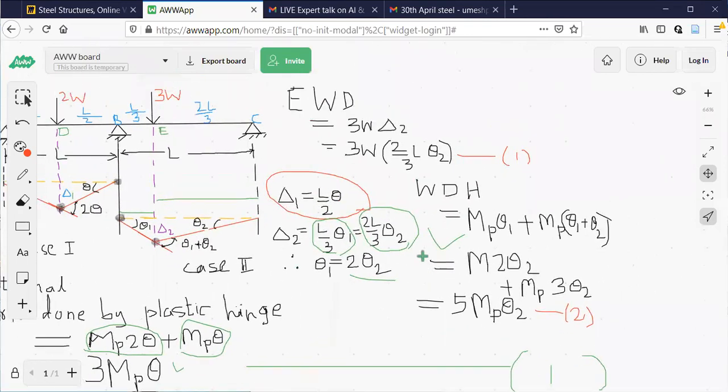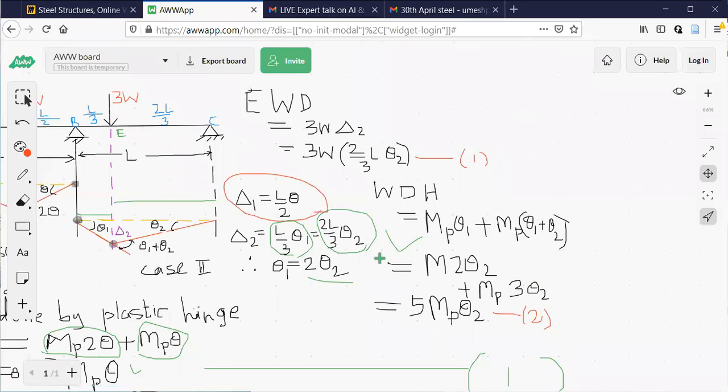Just check where anything wrong is committed or what. You just tell me if it is correct, or tell me if it is somewhere wrong. MP theta plus MP theta 1 plus theta 2. 2 theta 2 is theta 1.